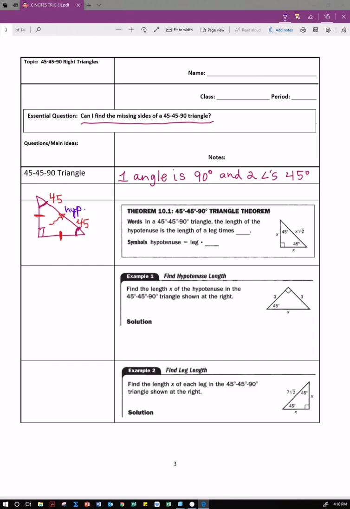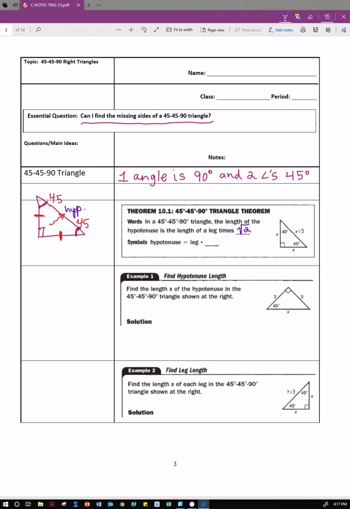So we already know what the inside angles are. We're looking for the outside lengths. Okay, so in words, in a 45, 45, 90 triangle, the length of the hypotenuse is the length of the leg times the square root of 2. Well, we could use the Pythagorean theorem to figure that out.